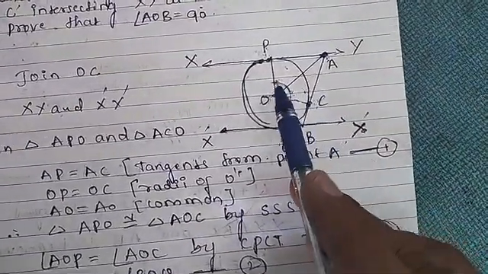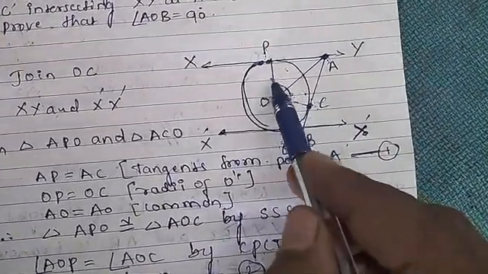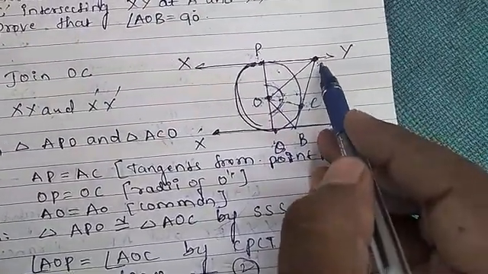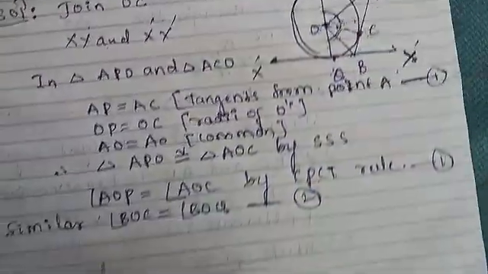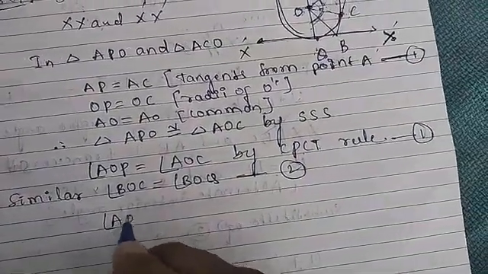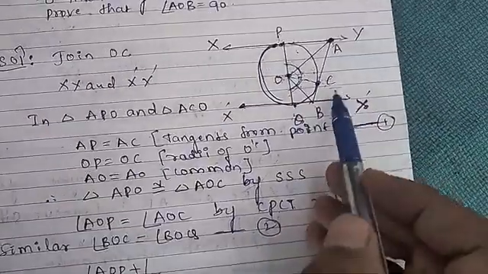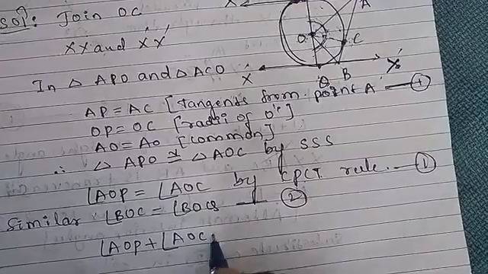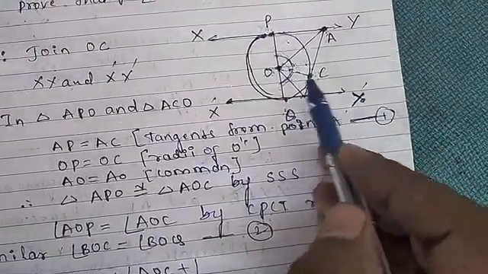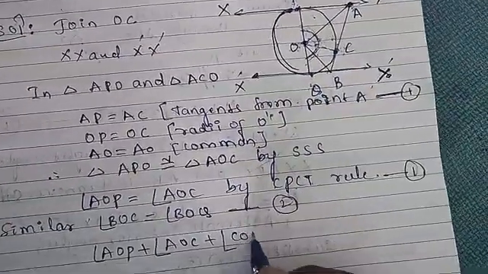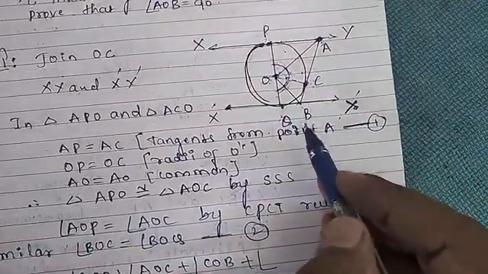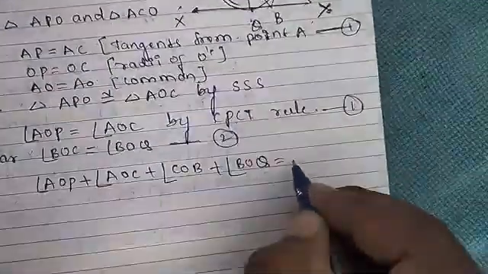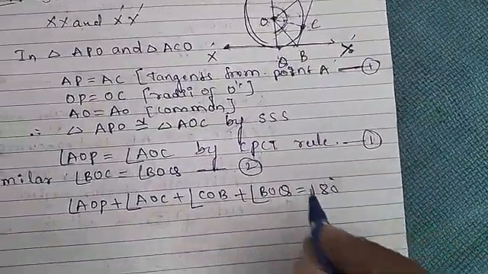Then add all these angles here. Now how much does it give? A straight angle means 180 degrees. So add the angles: angle AOP plus angle AOC plus angle COB plus angle BOQ is equal to how much here? 180 degrees, because of the straight angle.